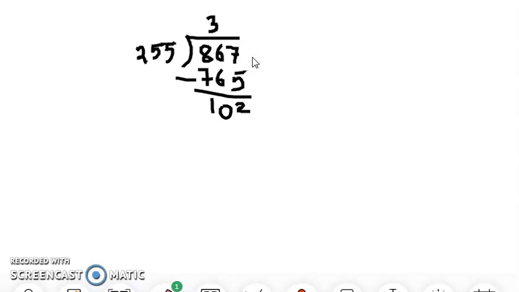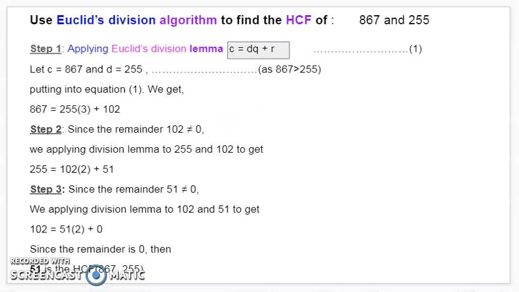No value is left, so the remainder is 102. Since the remainder 102 is not equal to 0, we are not getting 0 as a remainder when dividing 867 by 255.